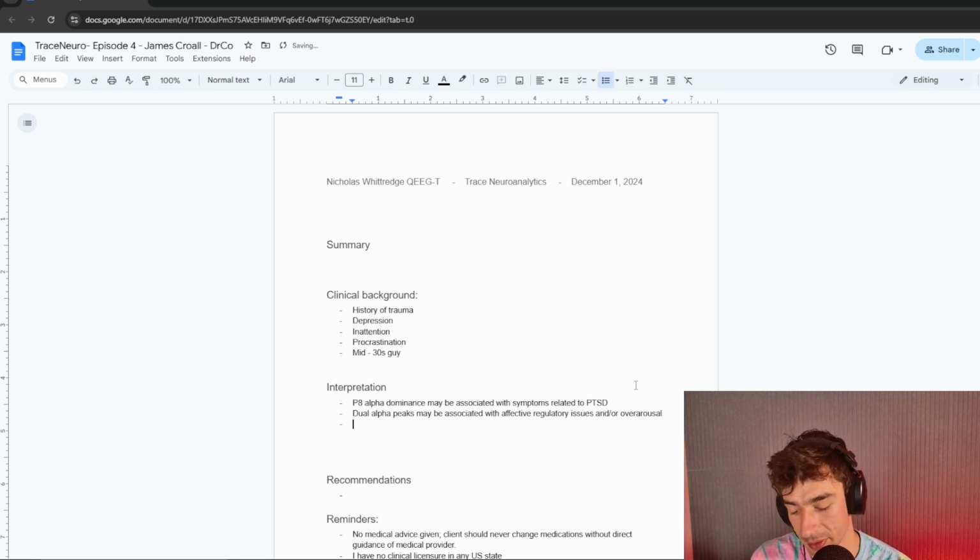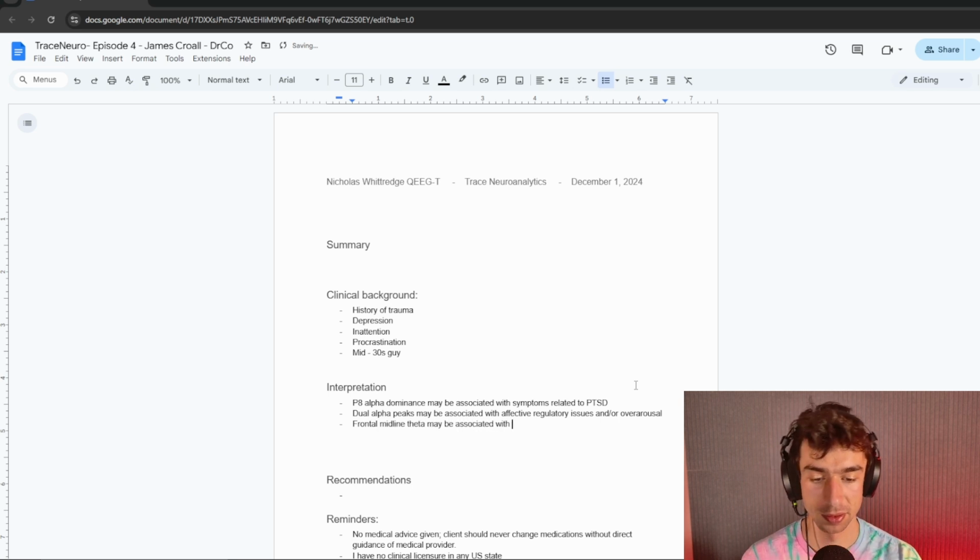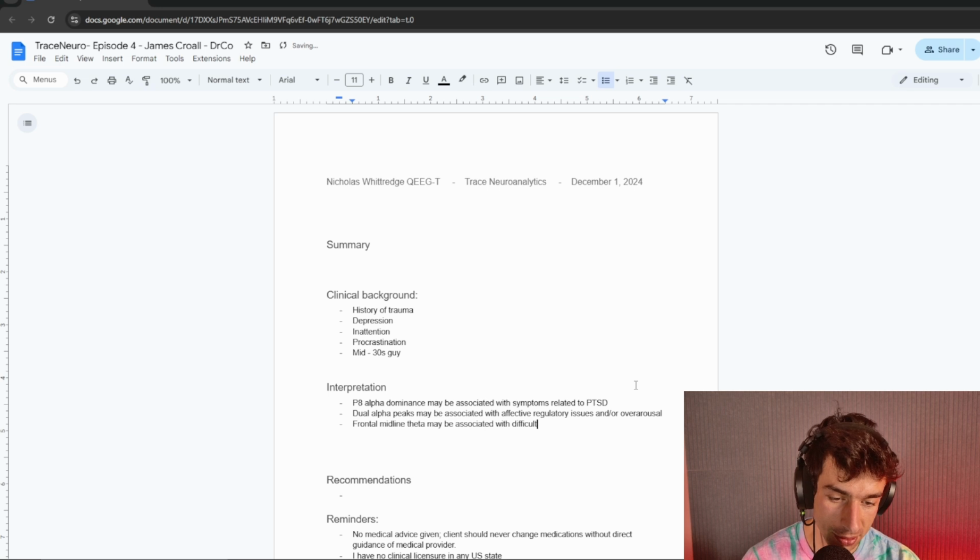And frontal midline theta may be associated with difficulty initiating tasks.